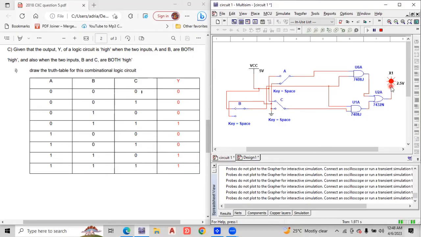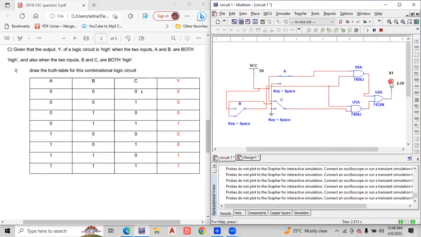All right, let's continue again. So A is high, B is low, C is low, and the indicator here should be off. All right, so far we're going good. All right, so let's go again. So A high, B low, and C high. Indicator should be off. All right, so there we go.